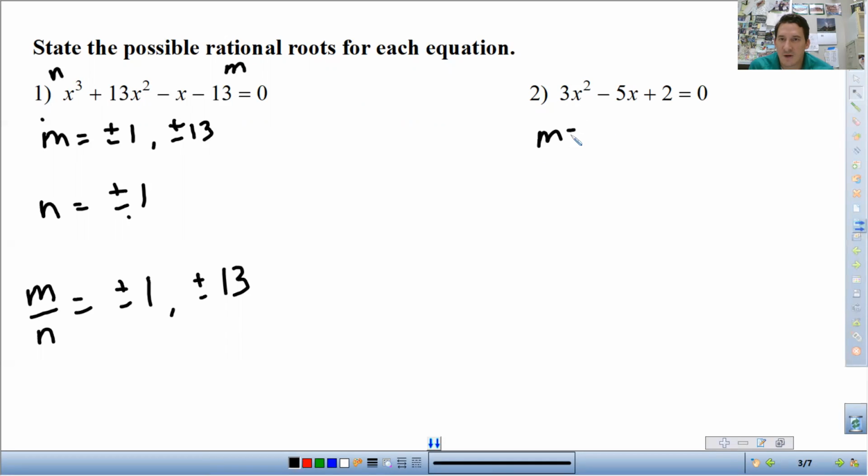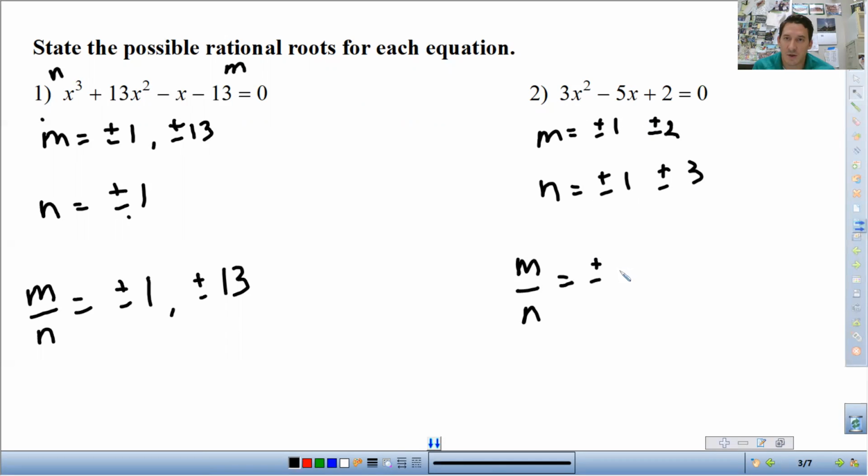So let's look at this. Our m values can be the factors of 2, which are plus or minus 1, and then plus or minus 2. And then the factors for n would be plus or minus 1 again, and then plus or minus 3. So our m over n, we can have 1 over 1, which would be plus or minus 1, or we could have 2 over 1, which would be plus or minus 2.